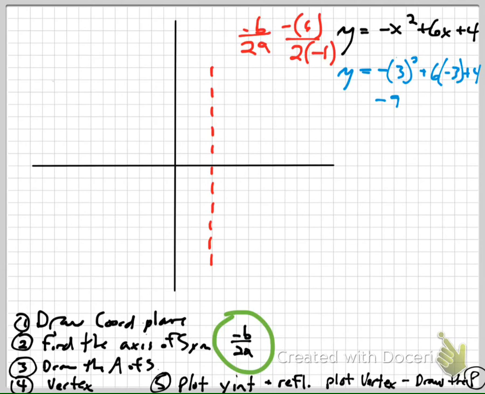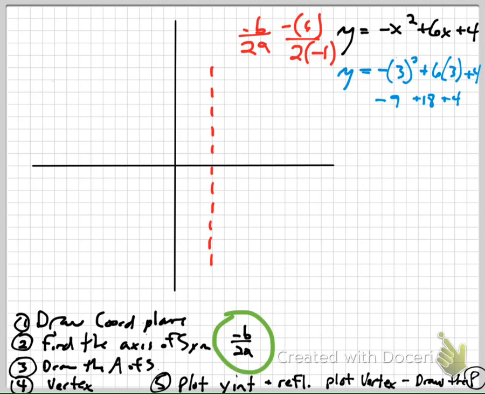Negative 9. What is 6 times negative 3? Oh, why negative 3? Why did I put negative 3? Should be a positive 3, right? Plus 6 times 3 plus 4. 6 times 3 is 18, so plus 18 plus 4.